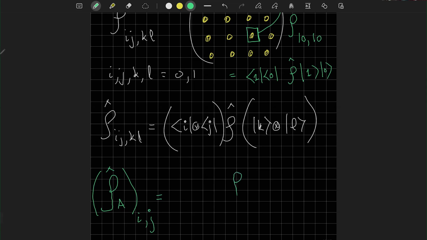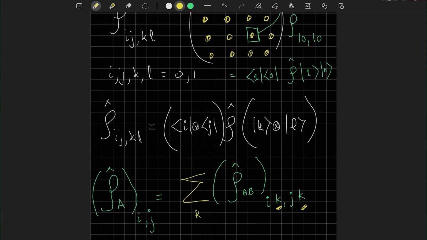You take rho, the original matrix, element I, K, J, K. I'm tracing out the second qubit, so the second qubit is in this location K, and I take the sum over all K's. This is how I define an element in the reduced density operator.